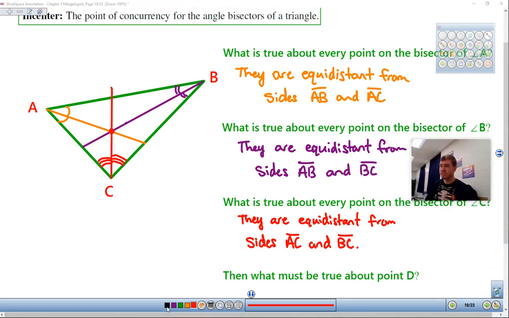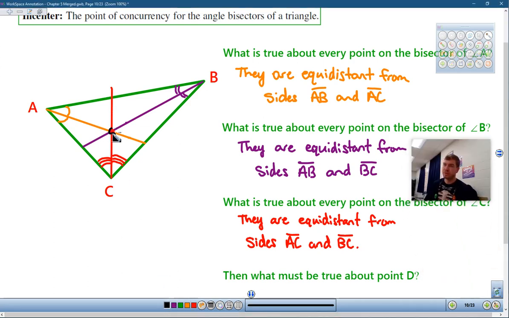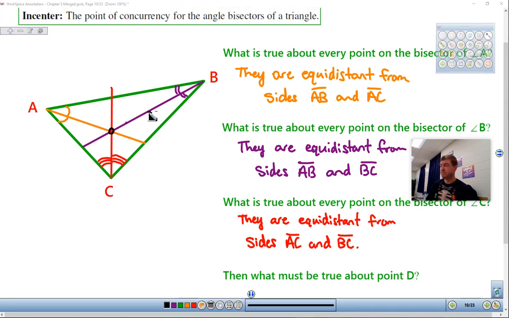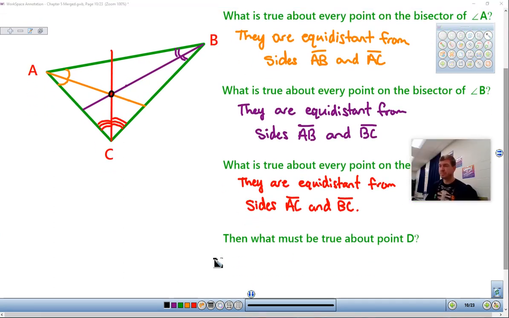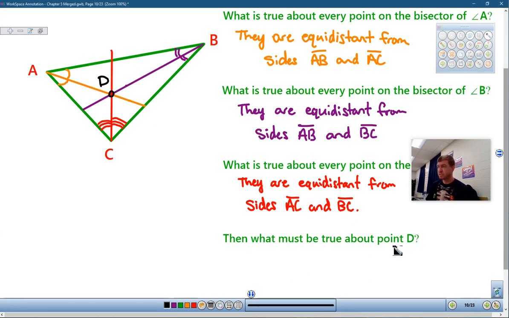So this new point that we just found, the intersection of all three, the point of concurrency, it's called the incenter because it's the point of concurrency for the angle bisectors. And what must be true about that point? Point D is what we've labeled it, or what we were suggested to label it.